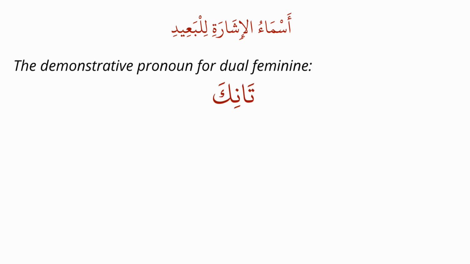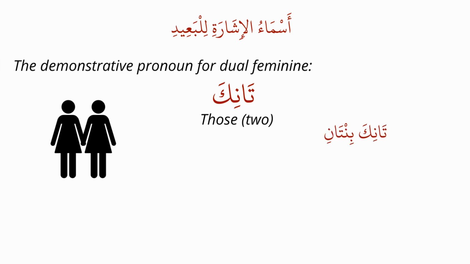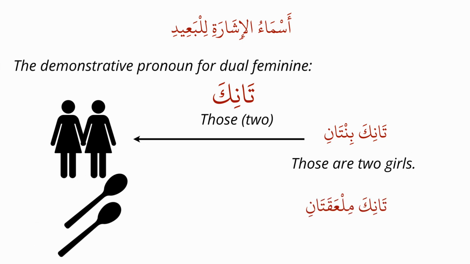Next, we have the demonstrative pronoun for dual feminine, which is تانك, meaning those, referring to two feminine entities. For example, تانك بنتان. Those are two girls. تانك ملعقتان. Those are two spoons.